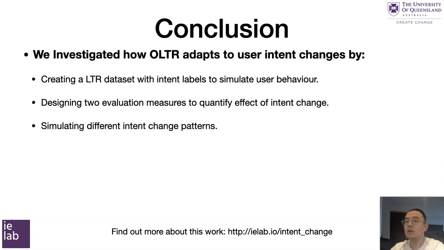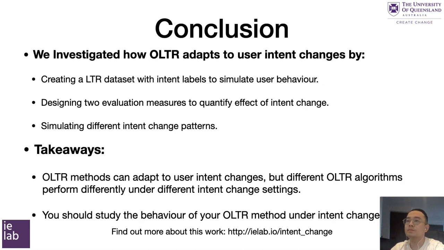With our new dataset and the new evaluation metrics, we tested different online learning to rank algorithms under different interchange patterns. The key takeaway message from our paper is that we confirmed the claim made by the community that online learning to rank methods can adapt to user interchange, but different algorithms perform differently under different interchange settings. This finding suggests that you should study this property for your online learning to rank algorithm.